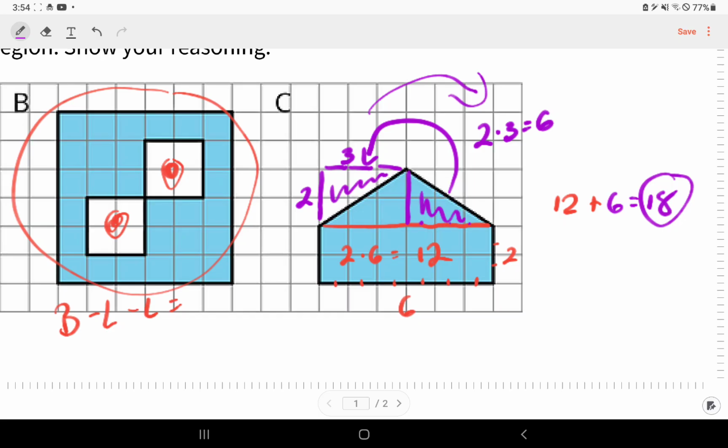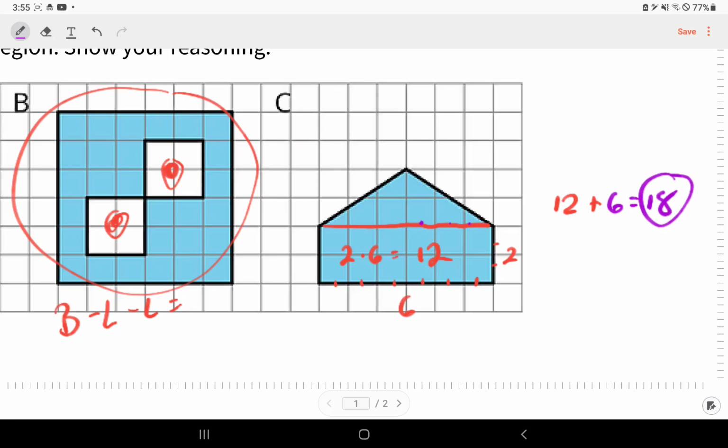Now, we could have made it more complicated and broken it into smaller triangles and more rectangles and everything. Again, this is a more complicated thing and not something you have to do, but we could have turned this into a rectangle, and then said, well, this rectangle and this triangle go together, and find the area of the unshaded and subtract it off from the rectangle.